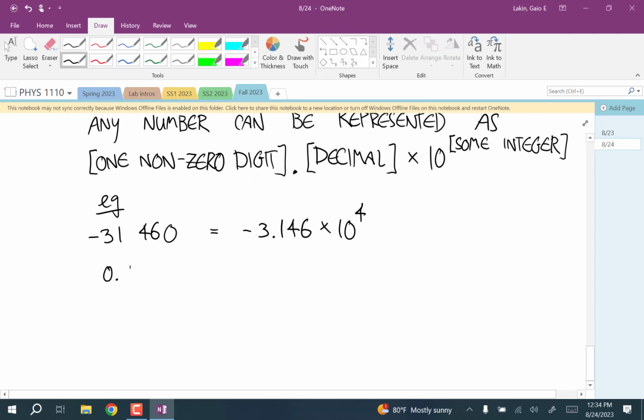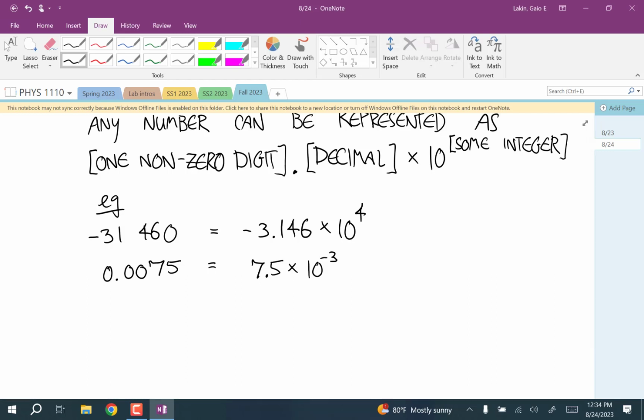And 0.0075 you could write as 7.5 times 10 to the minus third. Okay.